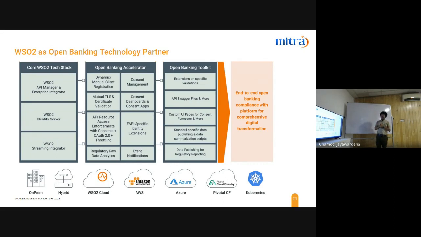The Identity Server is the one we use for customer authentication and getting customer consent. And you may need to do notifications and events and gather information, analytics. For that the Streaming Integrator is used. So these are the three key products on the left side, but these products can be used separately for different needs.